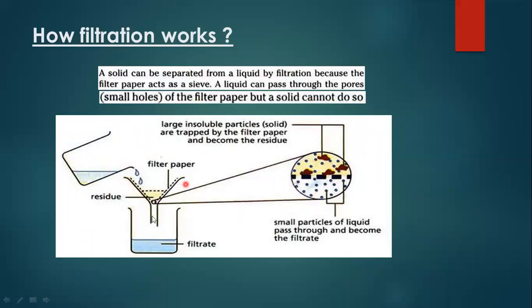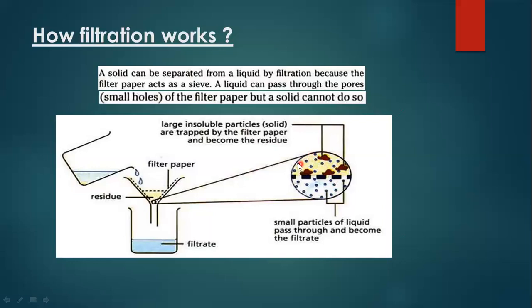Again, have a look over it. The filter funnel, filter paper, the mixture. After doing the experiment, the residue remains on the filter paper, and the filtrate gets separated and goes to the other beaker. So the large insoluble particles are trapped by the filter paper and become the residue.